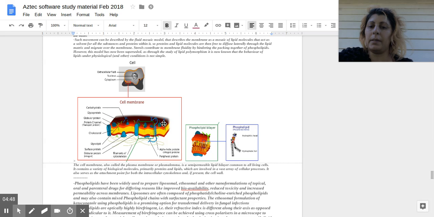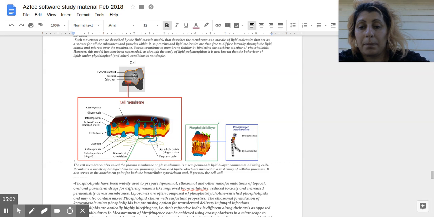So the membrane is basically made up of proteins, fat molecules or lipids, carbohydrates, as well as steroid molecules, which are similar to lipids, such as cholesterol, which insert themselves between the phospholipid molecules.